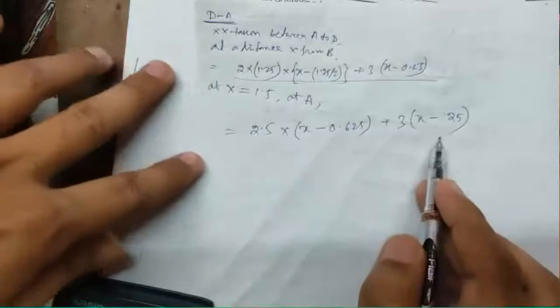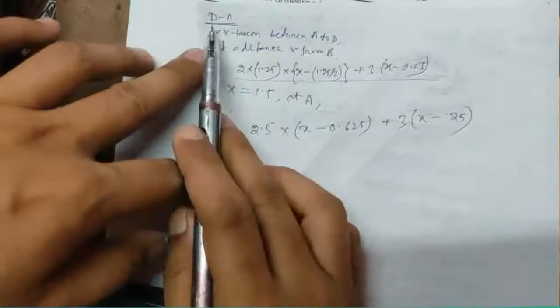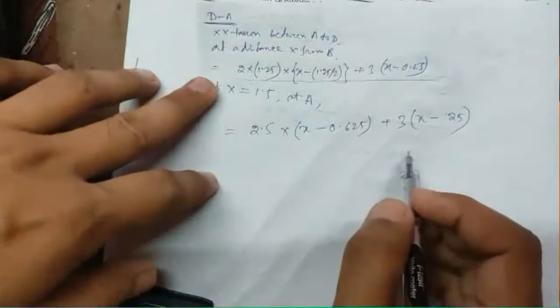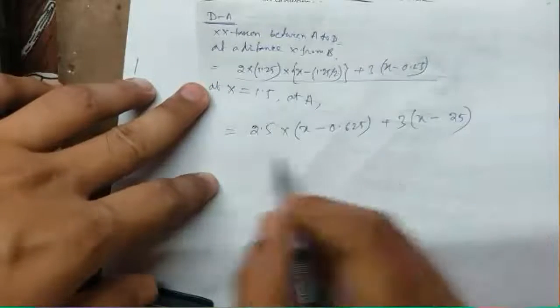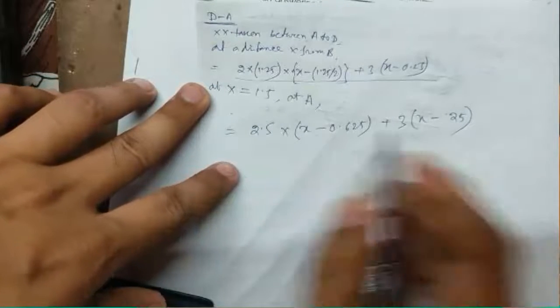So this equation is clearly linear. So now between D to A, the bending moment will vary as a linear curve.